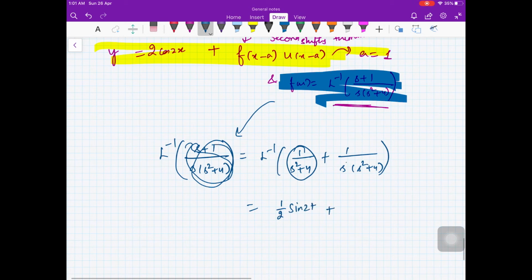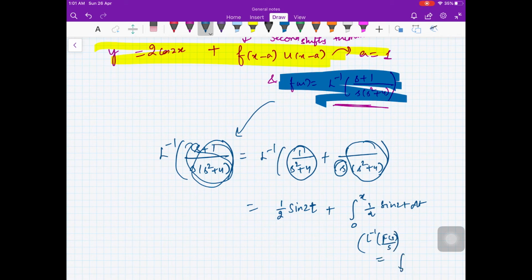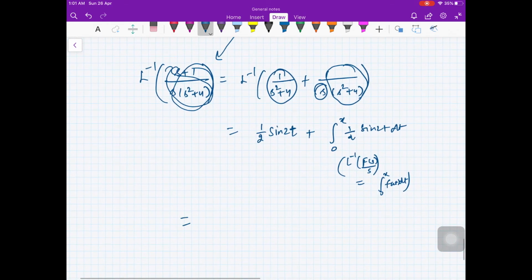The first is 1 by 2 sine 2t, and in the second, when you divide by s, you have to integrate from 0 to x the Laplace inverse of this, that is, sine 2t dt, right? Here I am using the property that L inverse of F of s by s is the integral from 0 to x of f of t dt, which we had.